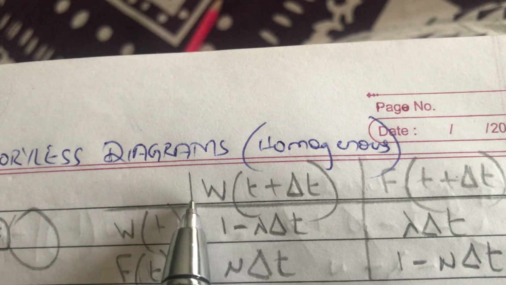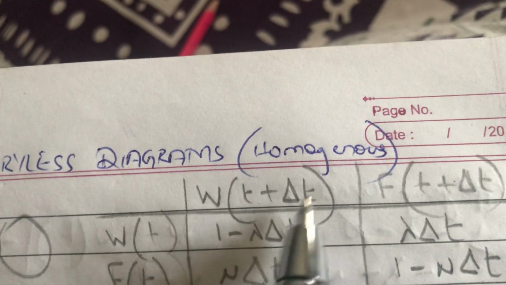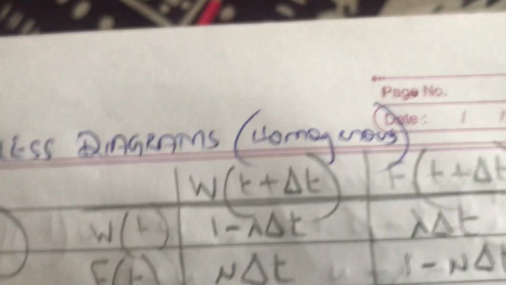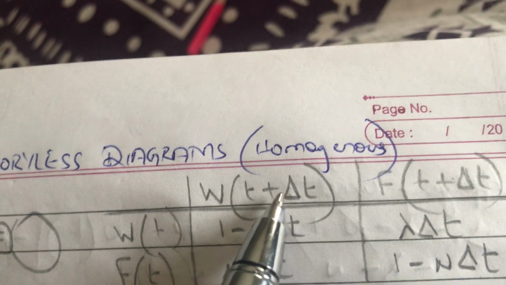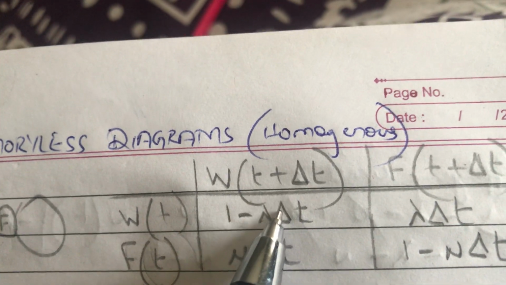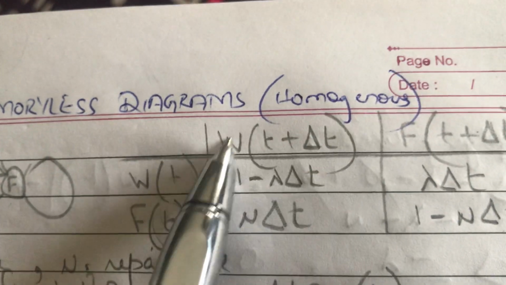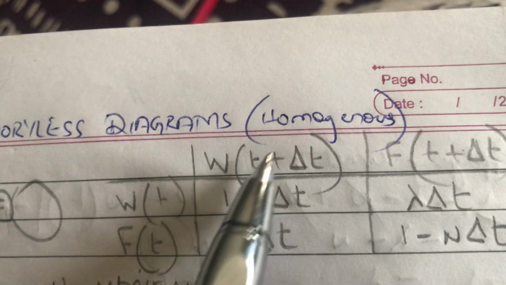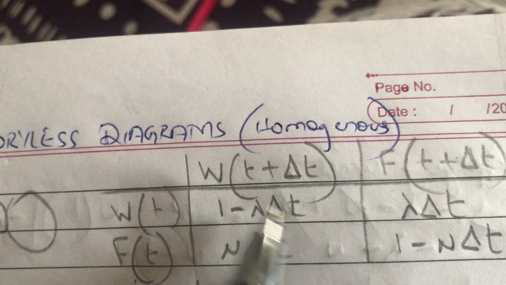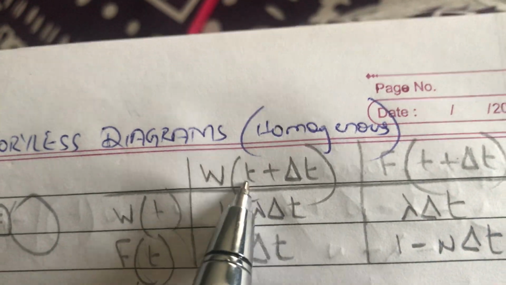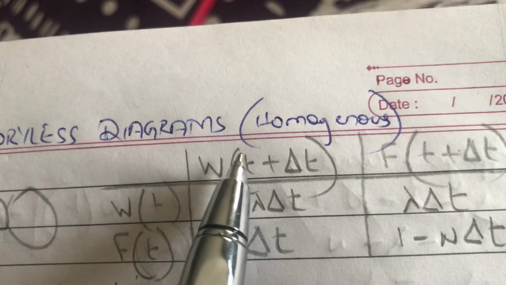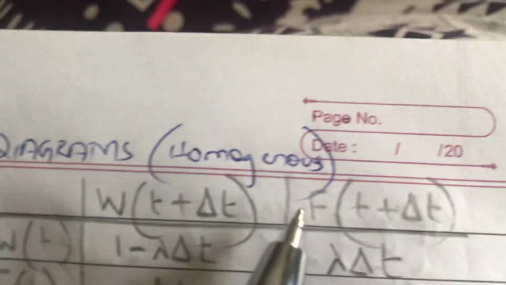So this is our working condition at time t, and as time passes there will be some changes in the condition of our item. That is represented by t being changed, so it is represented as t plus delta t.